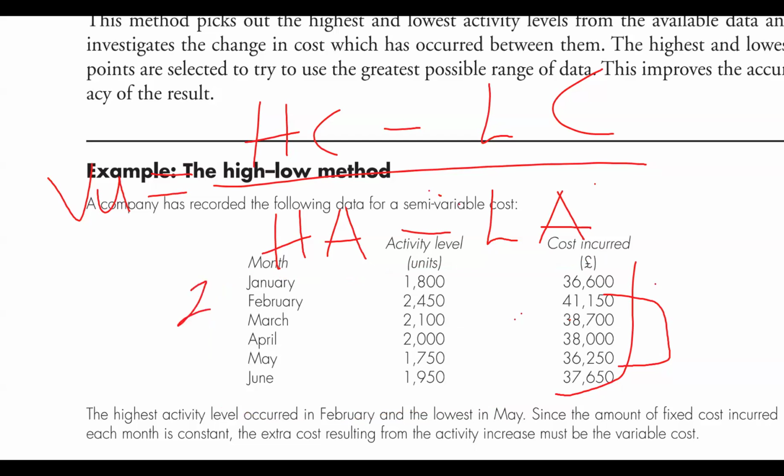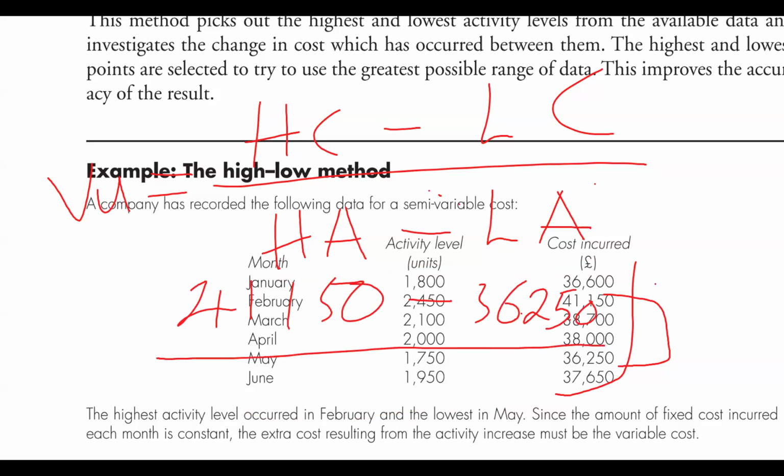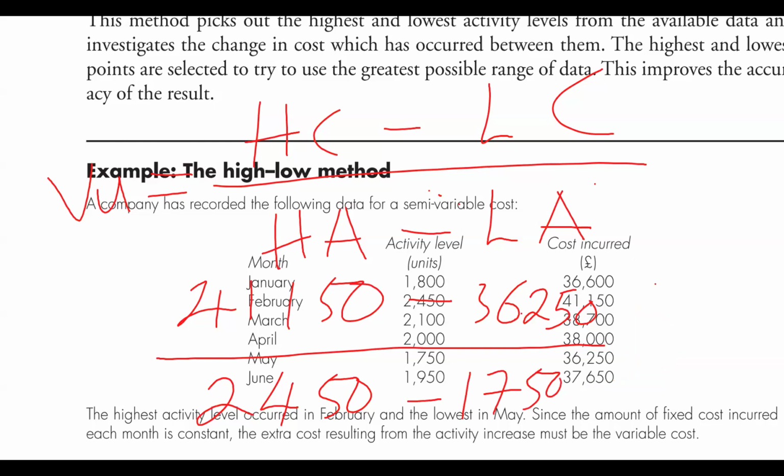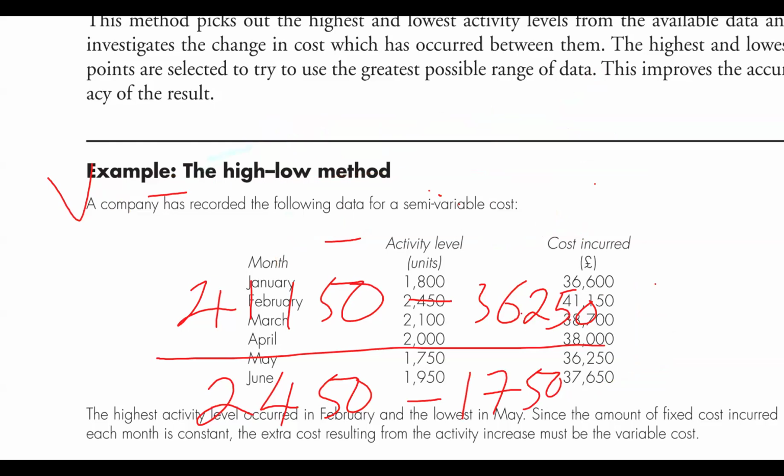You write it: 41,150 minus the lowest cost, 36,250, divided by the highest activity, 2,450, minus the lowest activity, 1,750. This is looking for the variable cost per unit.